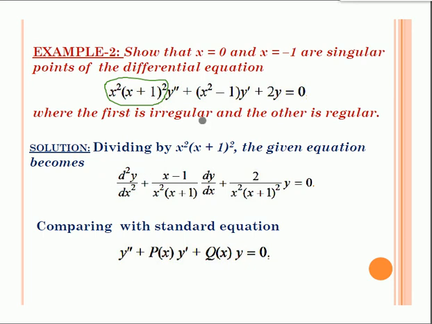Then the term here is (x square minus 1) y dash divided by x square into (x plus 1) whole square. One thing I have mentioned here, you observe very clearly: x square minus 1 I have written in a different way. x square minus 1 is x square minus 1 square.